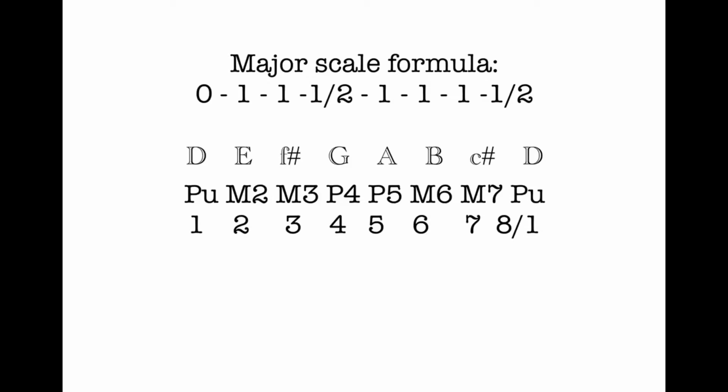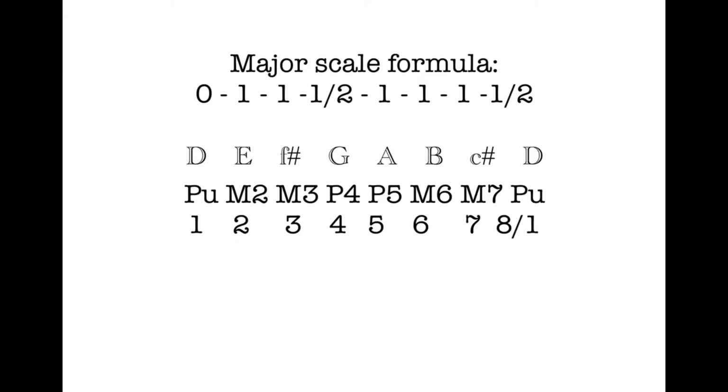So, perfect unison, major second, major third, perfect fourth, perfect fifth, major sixth, major seventh, and then the perfect unison or perfect octave again. Now, there's handy numbers next to all of these, so we can then just call them 1, 2, 3, 4, 5, 6, 7. And 8/1 because it repeats over and over.